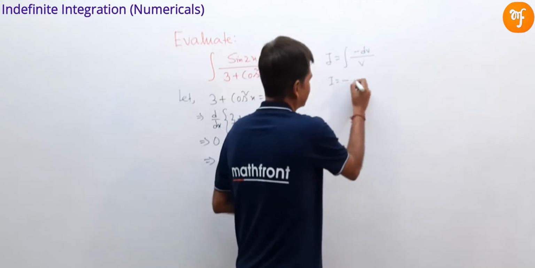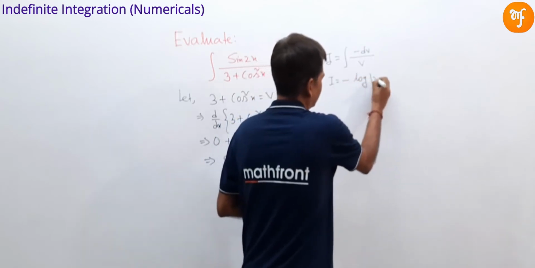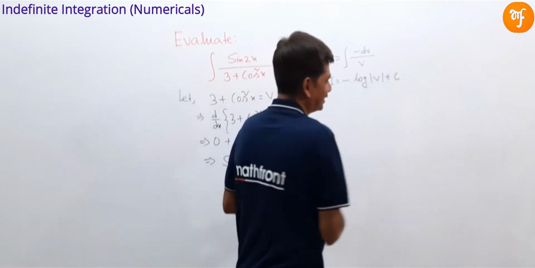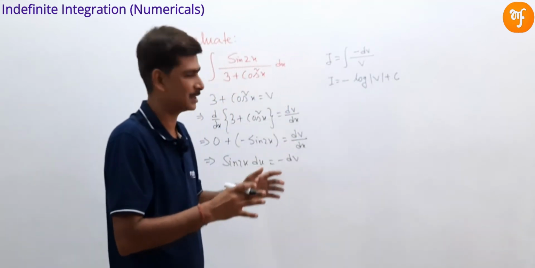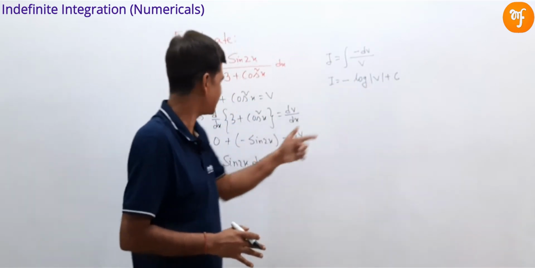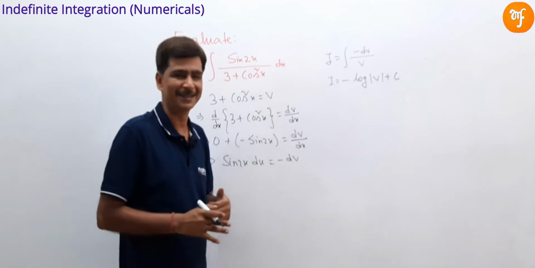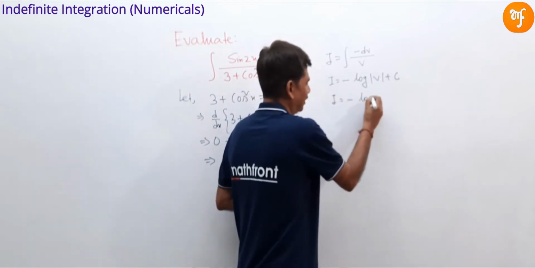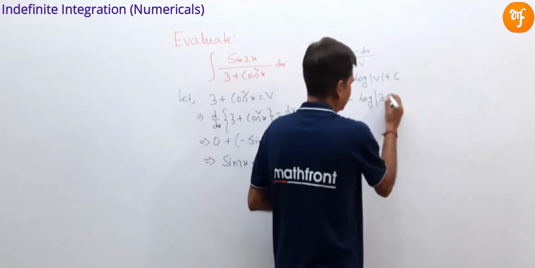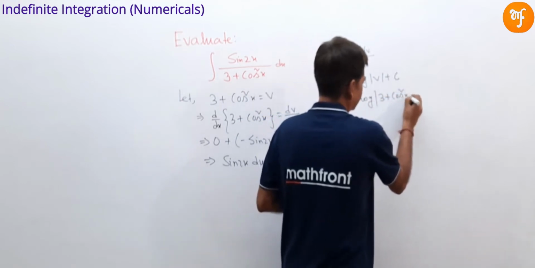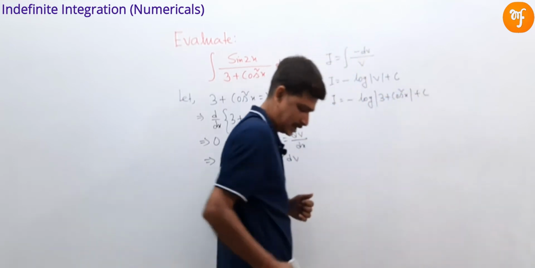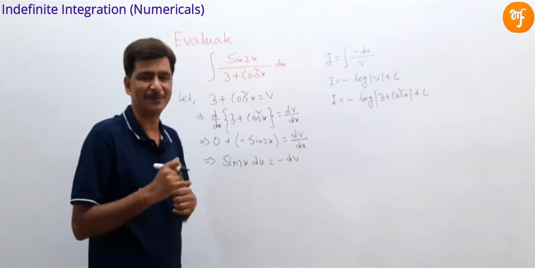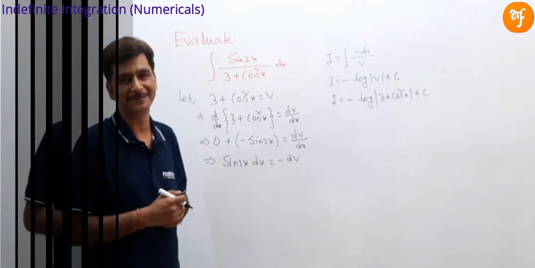So we can write this as minus of log of mod v plus c. Now to get the final answer, we have to put v as 3 plus cos square x. So I is equal to minus log of mod of 3 plus cos square x plus c. Okay, clear? Now come to the next question.